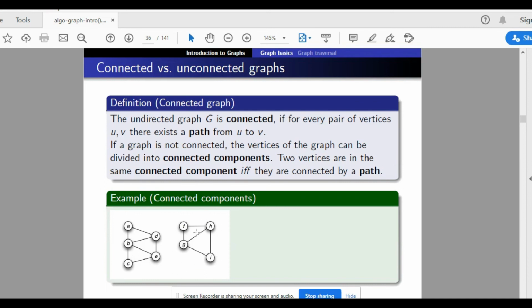Similarly, in this component, each vertex has some kind of path, direct or indirect, with all the vertices in the same component. As a result, this component independently is called a connected component, and this component is independently called another connected component. But the overall graph cannot be called a connected graph because there is some kind of disconnection between each component.